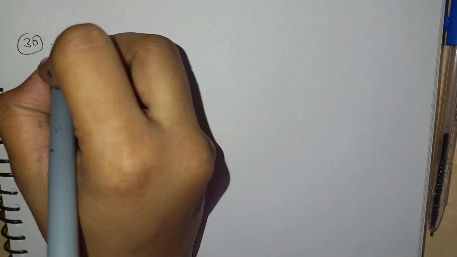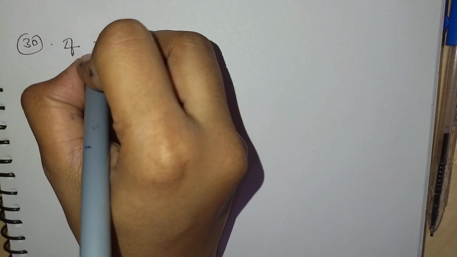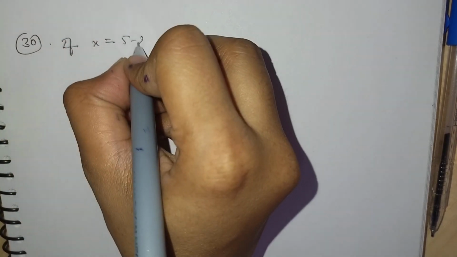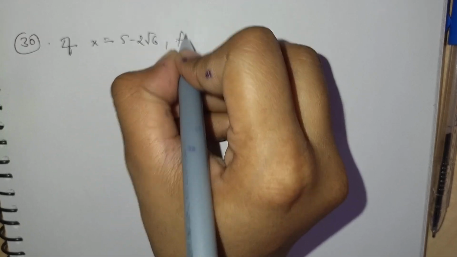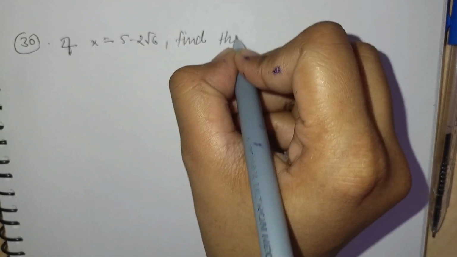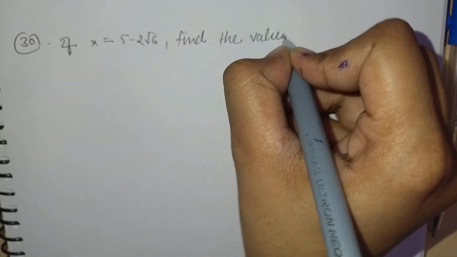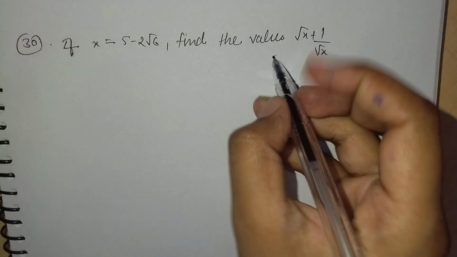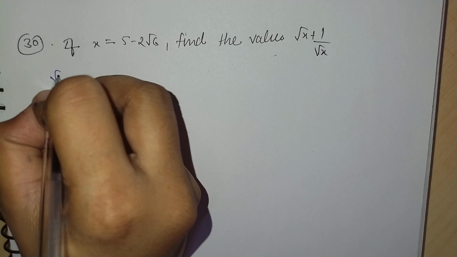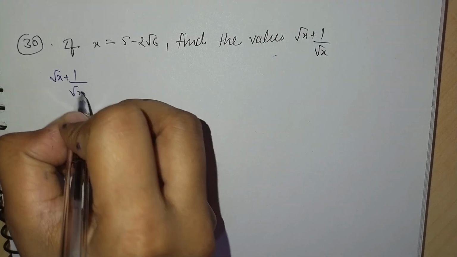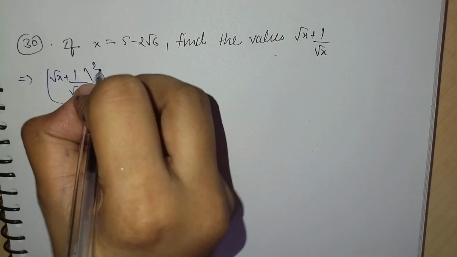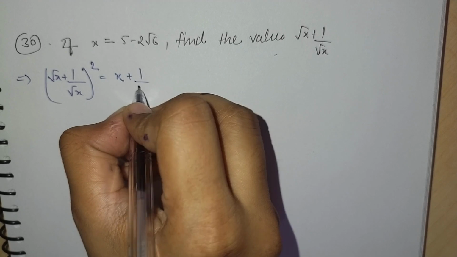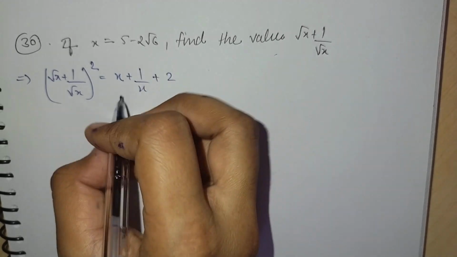Now let us solve the 30th question, which says that if x is equal to 5 minus 2 under root 6, then find the value of under root x plus 1 by under root x here. So first of all we will take the whole square here, (under root x plus 1 by under root x) whole square equal to x plus 1 by x here plus 2.